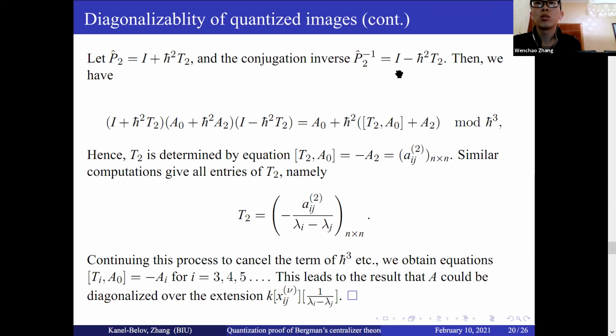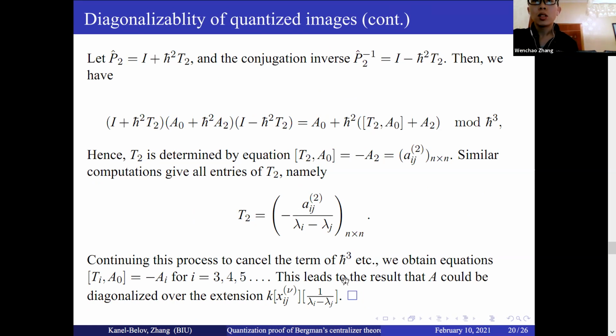And we also have P2 minus 1, with similar forms, and we can choose this T2 with this form. So this process can be done, but actually we just need to work modulo H bar 2, since with the quantization idea, we can use some reduction for several powers.